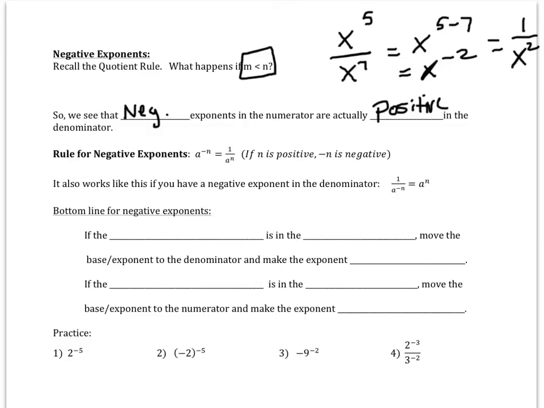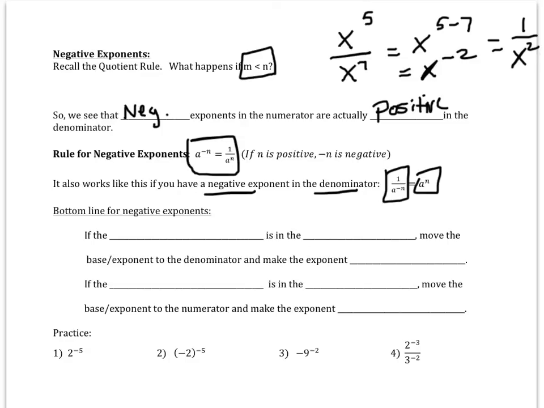So, if I have a negative exponent in the numerator, 1 over that exponent being positive in the denominator is the same thing. It also works if you have a negative exponent in the denominator. So 1 over something to a negative power is actually that thing to a positive power in the numerator.